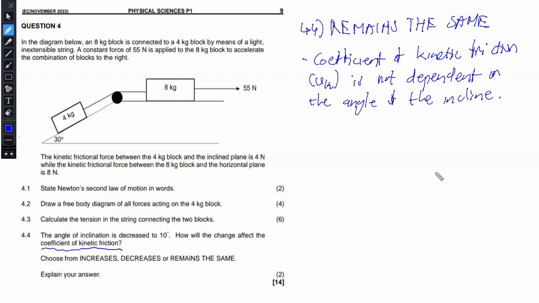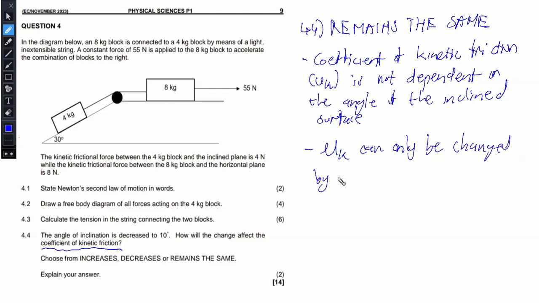It's not dependent on the angle of the inclined surface. And then mu k, which is the coefficient of kinetic friction, can only be changed by changing the surface.